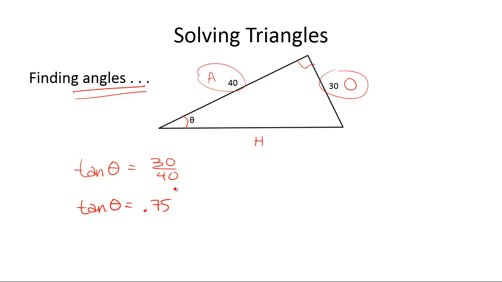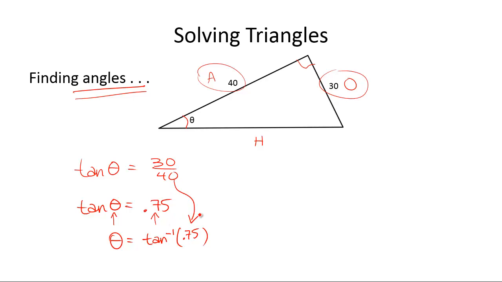Now in our calculator, it has been programmed in that whatever the input is gives a certain output, and therefore it can find the reverse of that. And the reverse is given by either arctan or tan inverse of the 0.75.